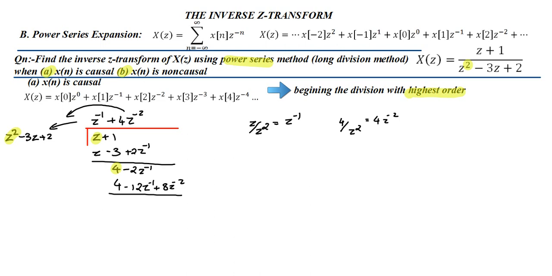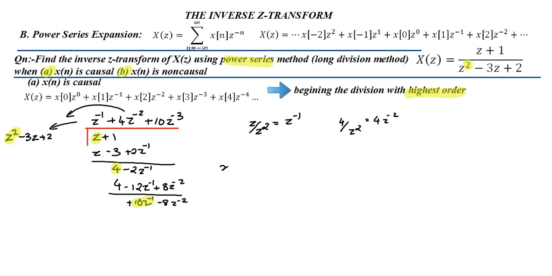Similarly, if you continue, the next term you will get is plus 10 z raised to minus 1 and minus 8 z raised to minus 2. Now if you divide this term, again I can write plus 10 z raised to minus 3. Similarly you can continue.